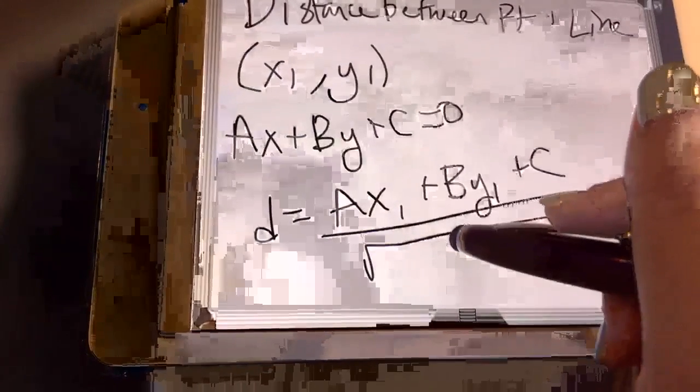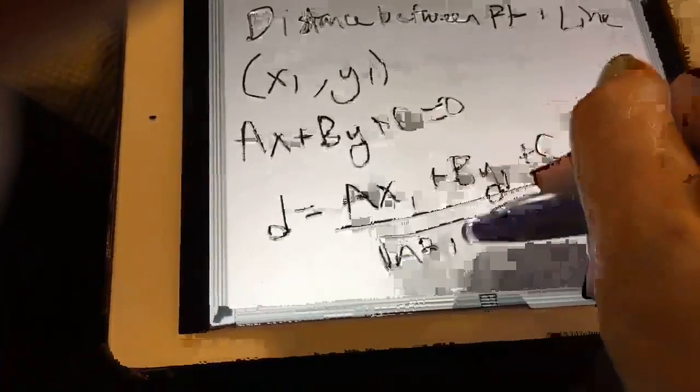That formula is, if the point is (x1, y1) and the line is ax plus by plus c equals 0, the distance is going to be a times x1 plus b times y1 plus c over the square root of a squared plus b squared.